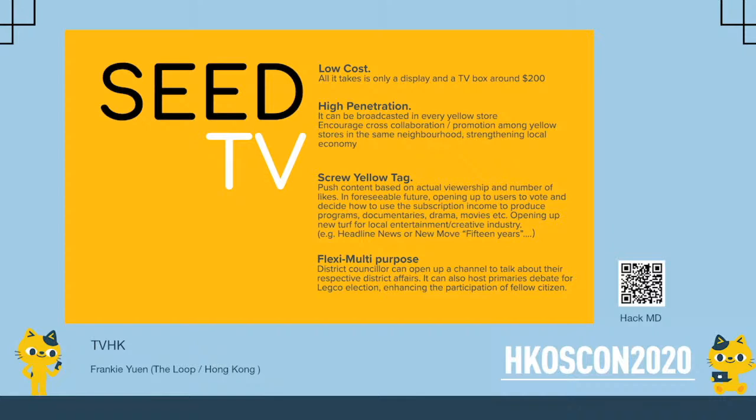The penetration rate would be quite high, or quite unique, if I can say, because we are going to produce a bunch of these boxes and give them out to retailers, and most of them already have a TV built in to show menus of their food, or to show whatever TV they want to show.